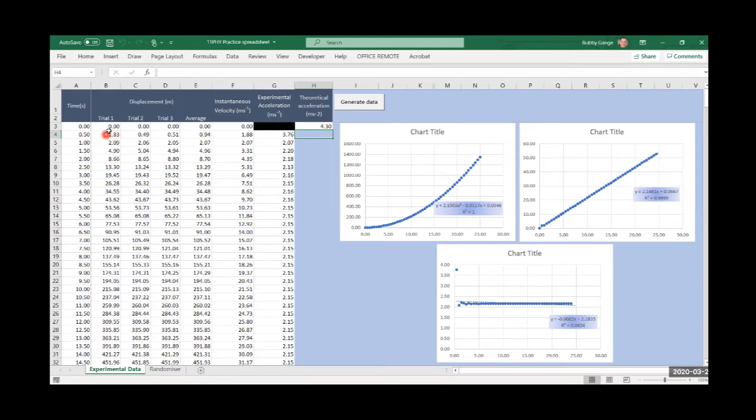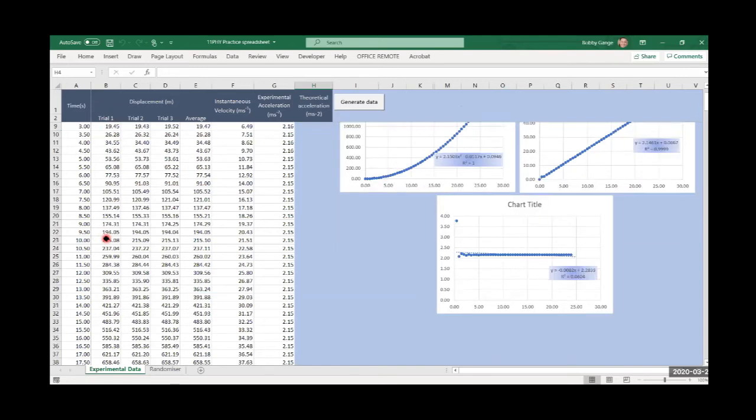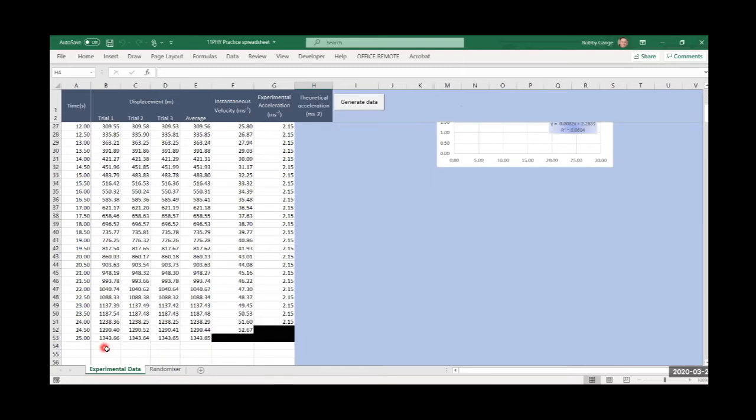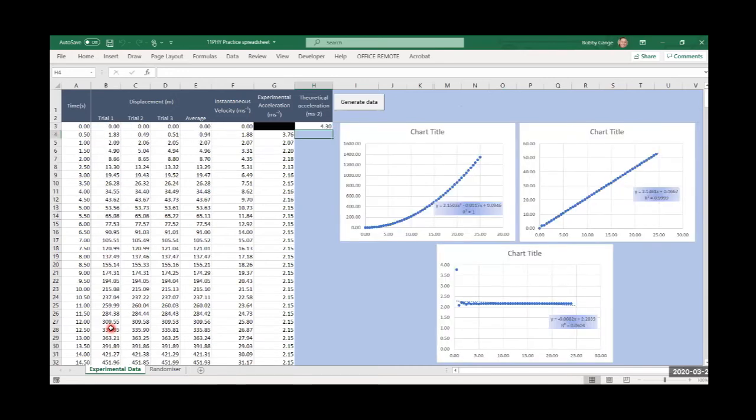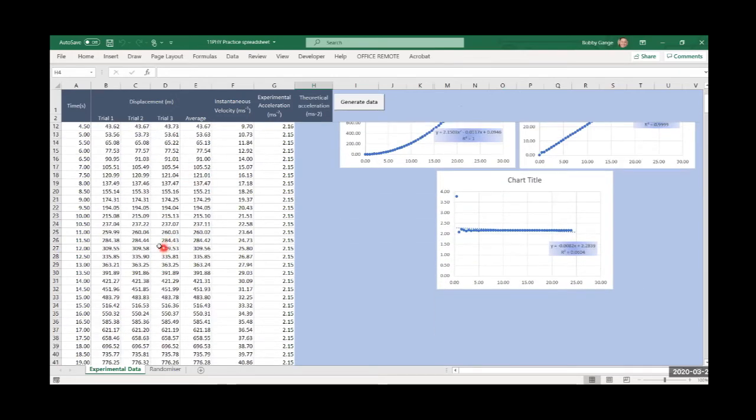What you should see here is that this person performed the experiment 3 times. The first time he did the trial, after 0.5 seconds, he measured it to be 1.83 meters away. 1 second, 2.09, so on and so forth. He measured for 25 seconds, and it got up to like 1,343 meters away. He was a very patient person. Did this 3 times, and he came up with this data.